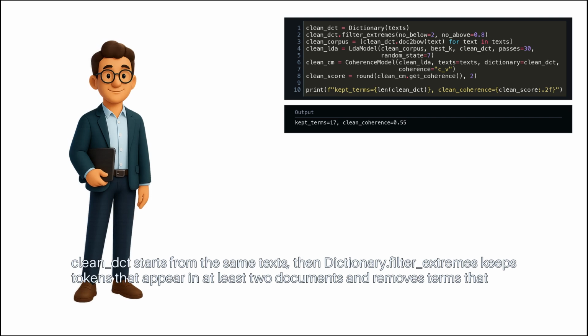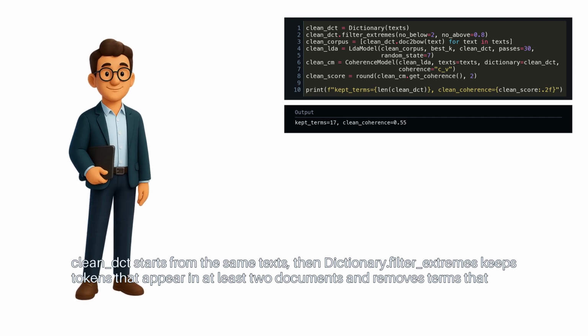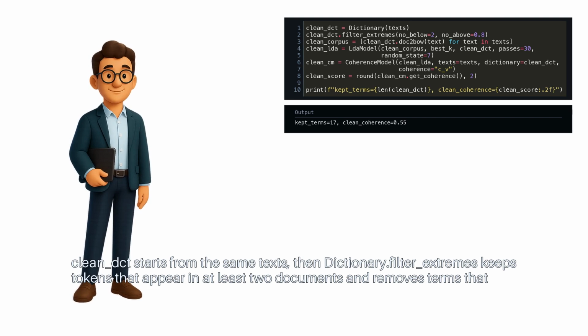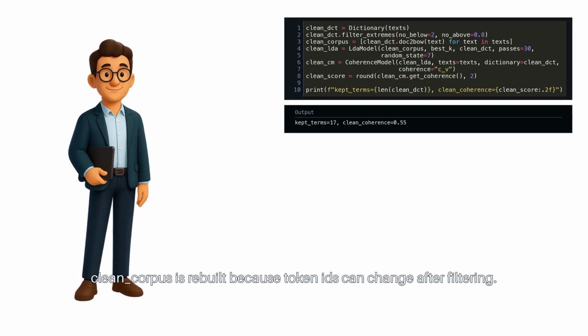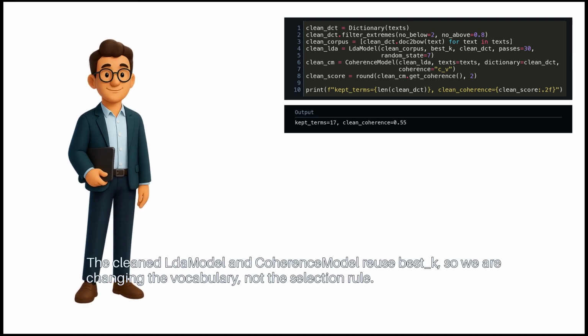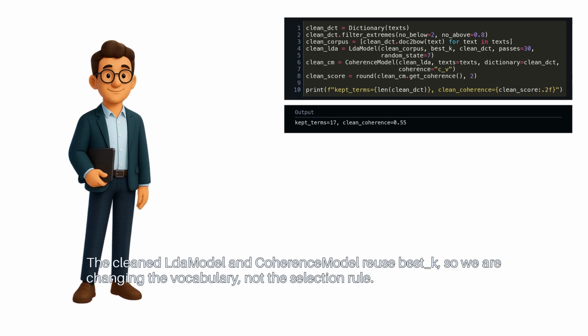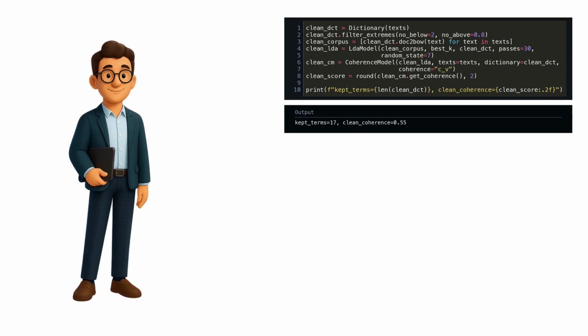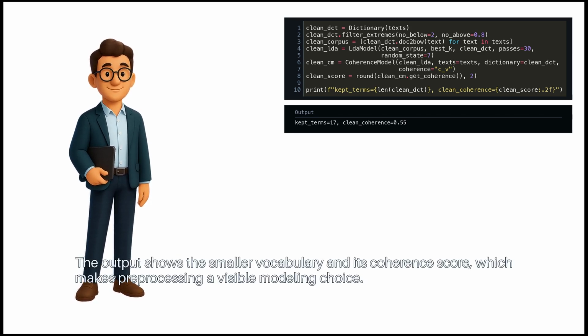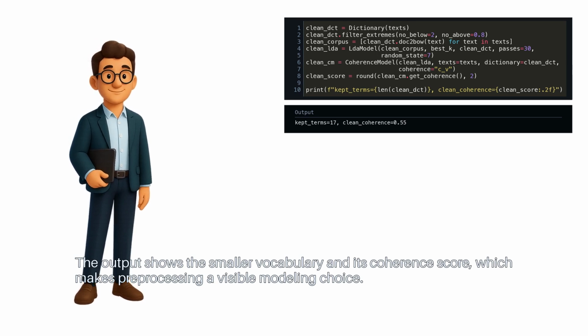Clean dictionary starts from the same texts, then filter_extremes keeps tokens that appear in at least 2 documents, and removes terms that appear in too many documents. Clean corpus is rebuilt because token IDs can change after filtering. The cleaned LDA model and coherence model reuse best K, so we are changing the vocabulary, not the selection rule. The output shows the smaller vocabulary and its coherence score, which makes pre-processing a visible modeling choice.